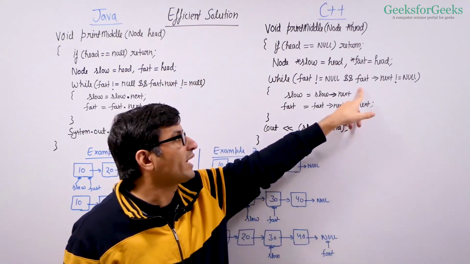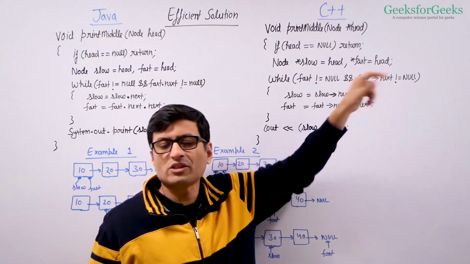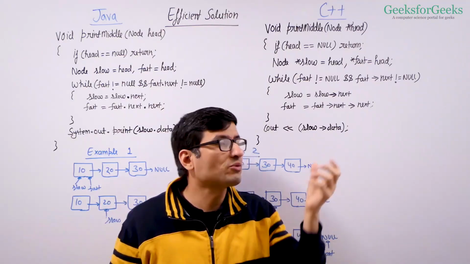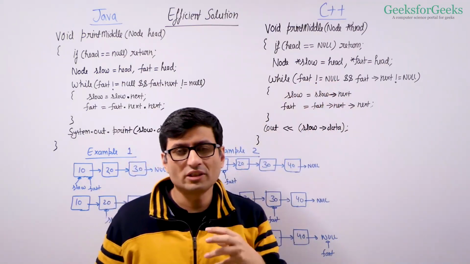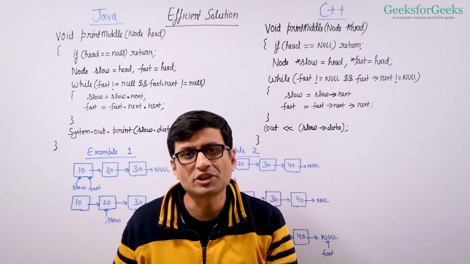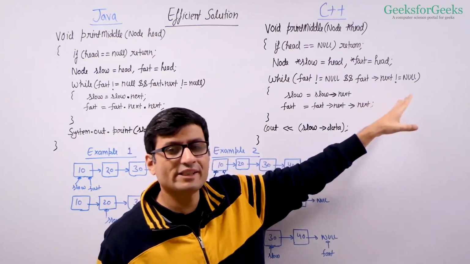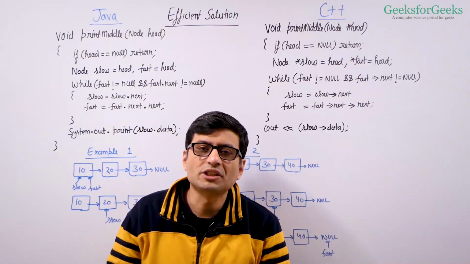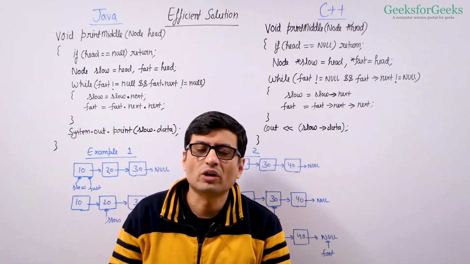Because we should never access null arrow next or null dot next, right? That would cause problems. So fast not equal to null helps us in all the cases. It also ensures that null next is never accessed. So we have talked about a solution that finds the middle of a linked list in one traversal of it.